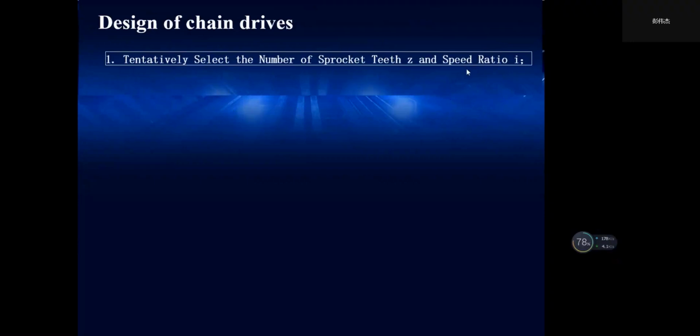Usually, the speed ratio i is low, and then the driving sprocket should have more than 17 teeth.